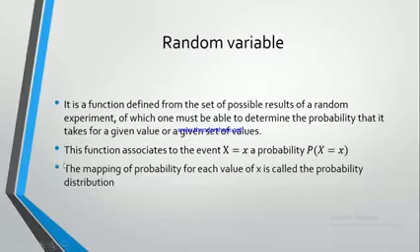In summary, it is a function that associates to the event X equal x a probability P of X equal x. The mapping of probabilities for each value of x is called the probability distribution.